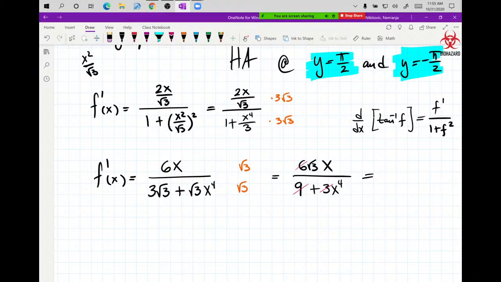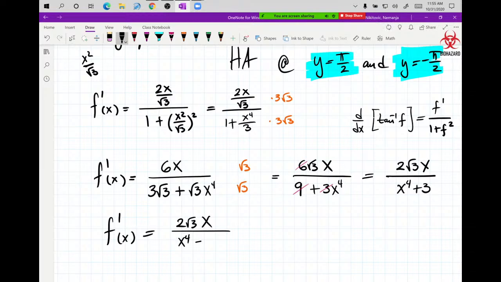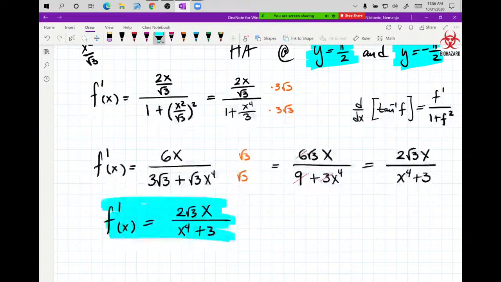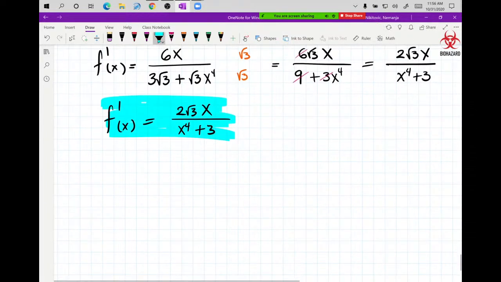But hey, we get 2 root 3x divided by x to the fourth plus 3. So here's my first derivative simplified: 2 root 3x divided by x to the fourth plus 3. And I'm going to put that in my blue so I can find it quickly. I need the second derivative, and then we can do the first and second derivative tests.